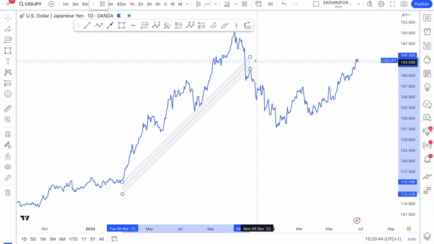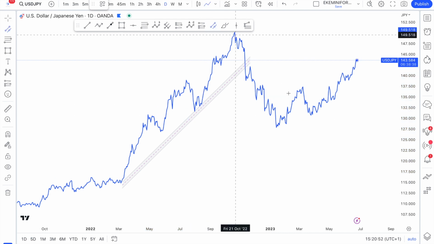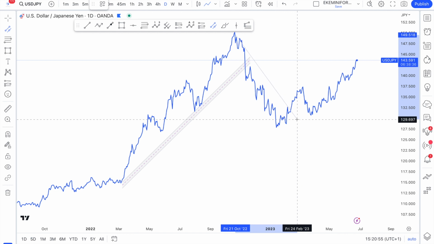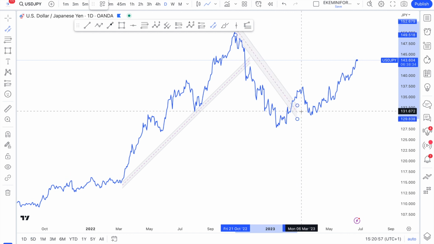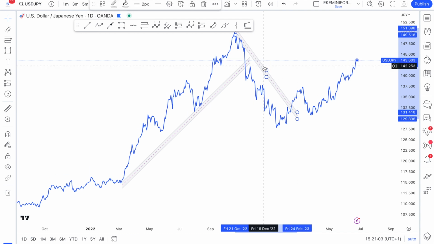So we can see that the bulls have been in control here, and then there was a bit of a flag here. This flag was a major correction, because you need to have a corrective move in order to have an impulsive move.